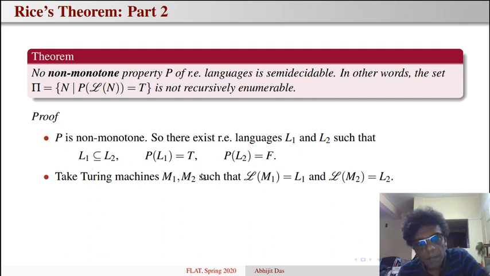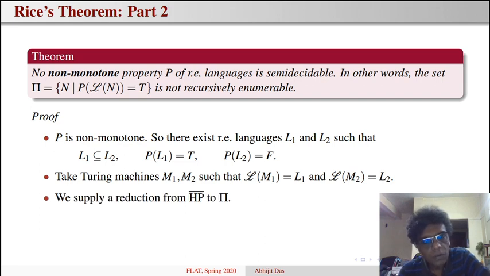So M1, M2, these are constant machines, and their languages L1 and L2 are also constant languages. So since these are constant machines, their information can be embedded in another Turing machine because each can be specified in a finite amount of space.